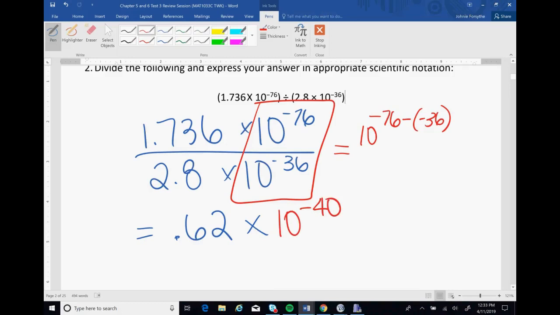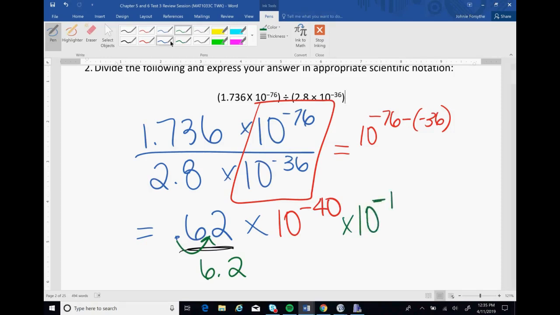Now, this is not in scientific notation because this number must be between 1 and 10. So we would have to move that decimal one place to the right to make that 6.2. If we move the decimal to the right, we are making a number larger, so we need to compensate for that by multiplying by 10 to the negative 1.